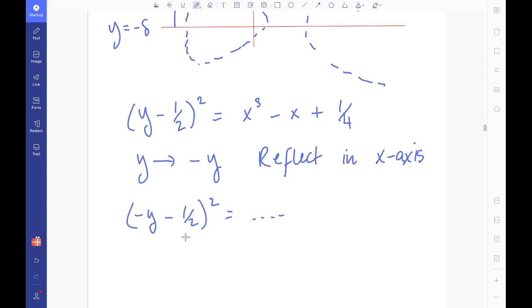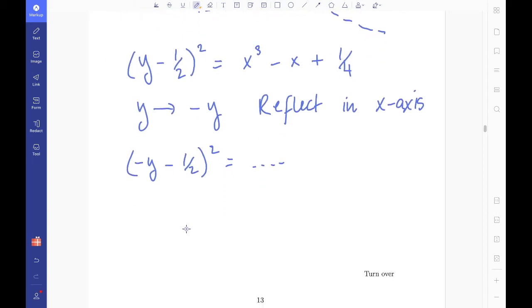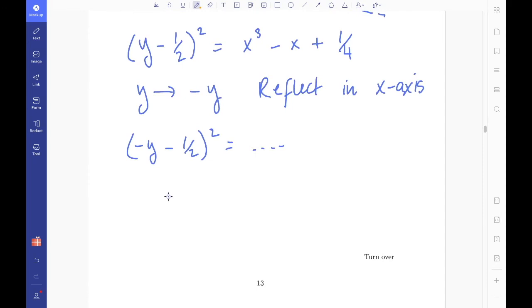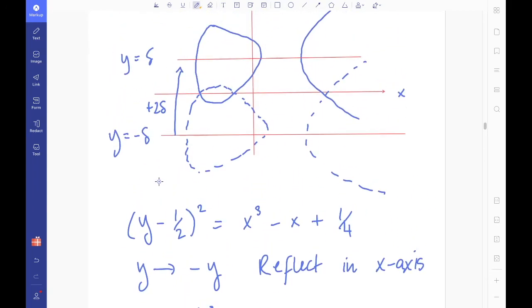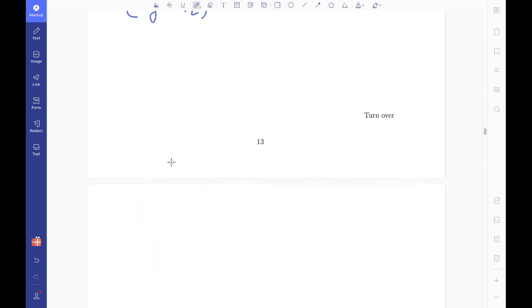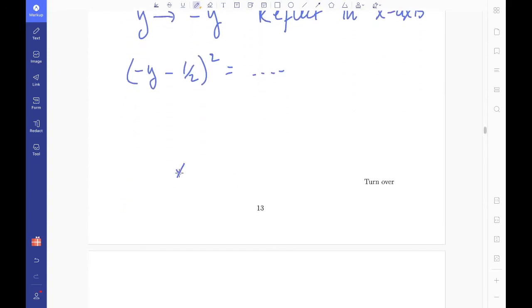And then the next thing that we did was add 2 delta in the y direction. So that's a translation upwards by 2 delta, and usually you would write this as x minus.